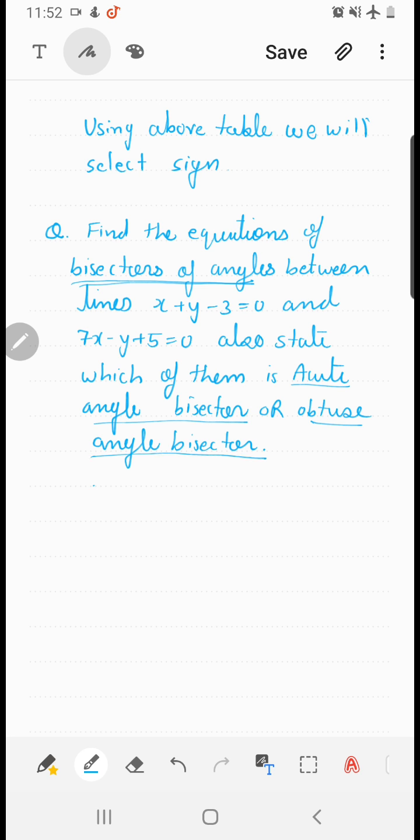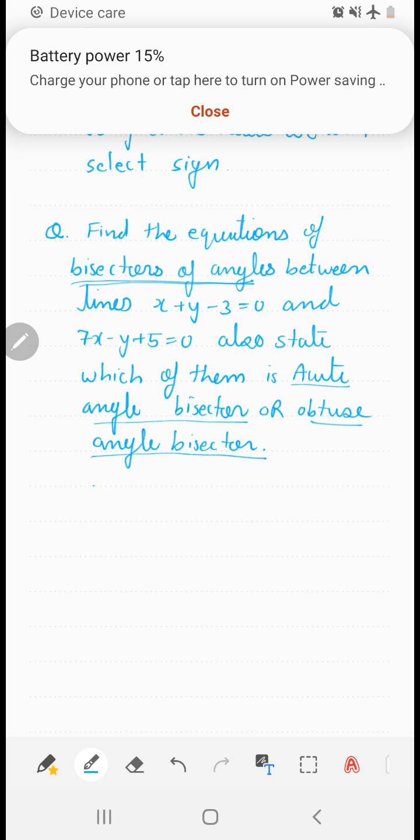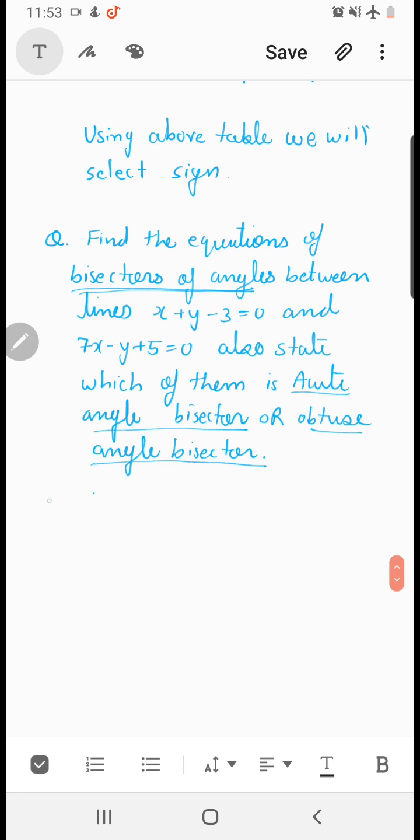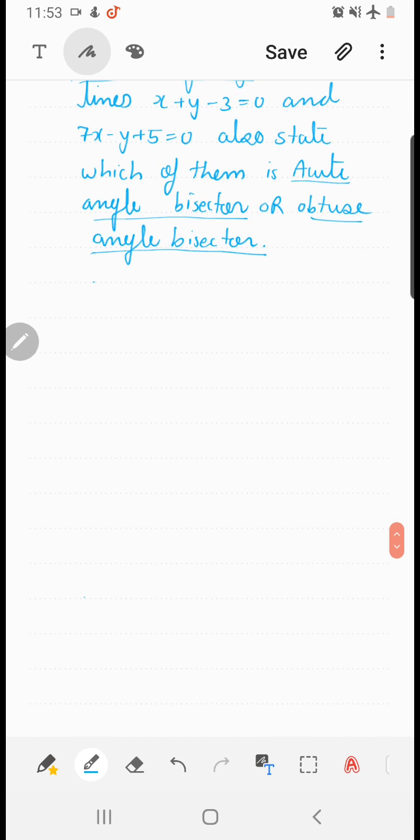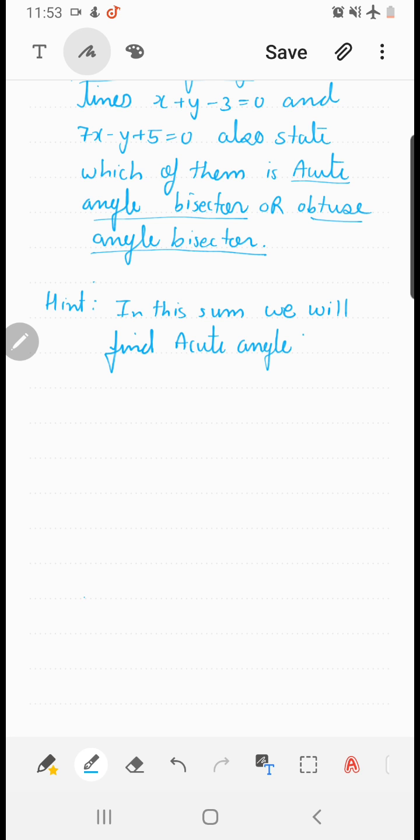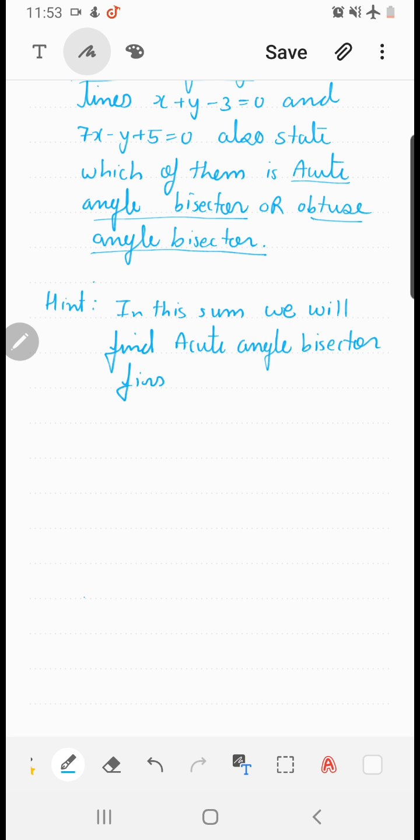Now, as discussed earlier, to do that we follow three steps. But to begin with, we first decide which angle bisector we want to find first. In this sum we will find the acute angle bisector first.